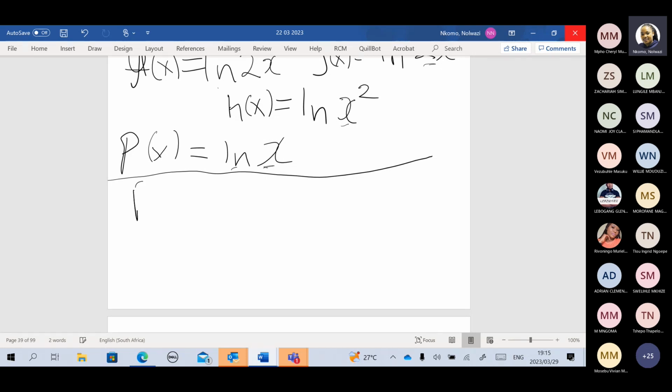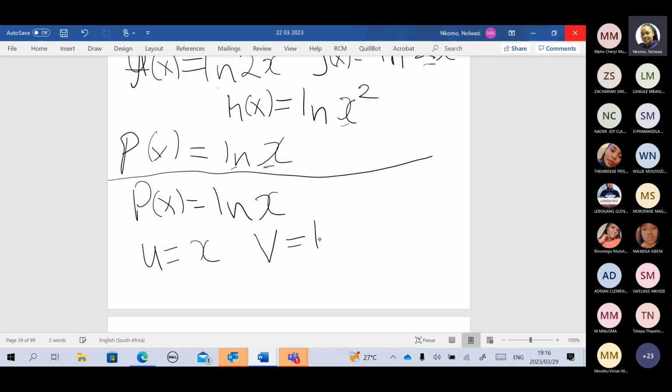Okay, let's take p at x equals ln x, right? I'll let the inner function be u. So we have u equals x, right? And I will write the outer function as v.